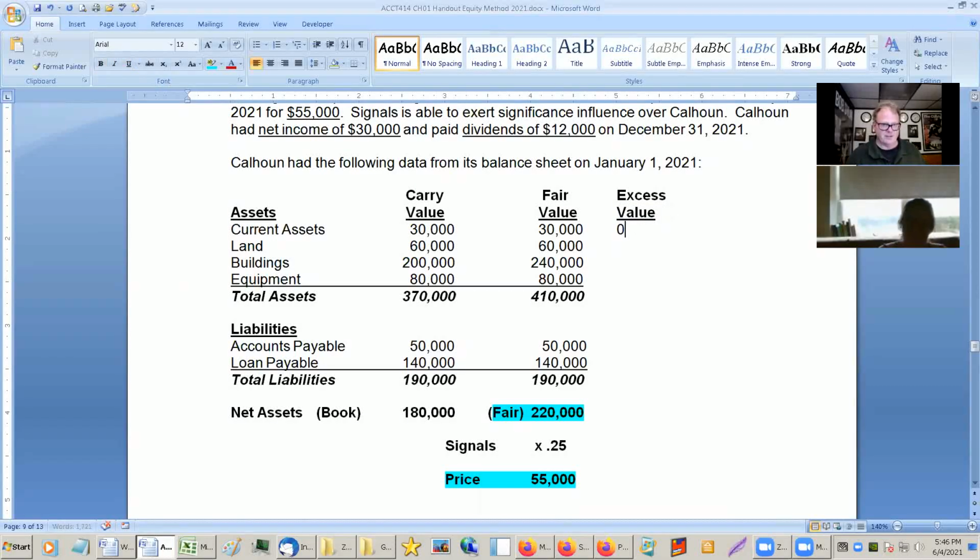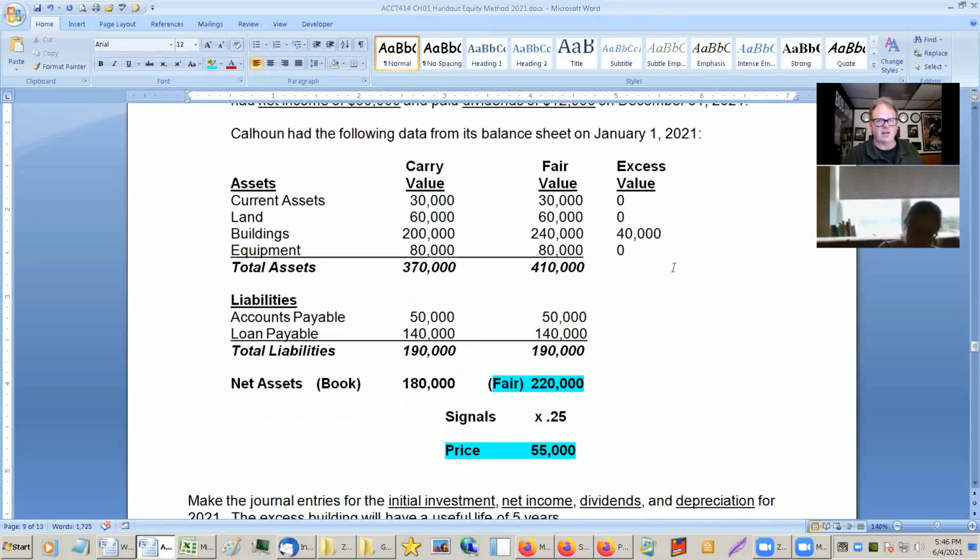Current assets, nothing there. Land, same. But the buildings are worth $40,000 more. Equipment, same. Now, notice that this is a depreciable asset. If this was land, it wouldn't matter, but it does matter because a building is going to depreciate.